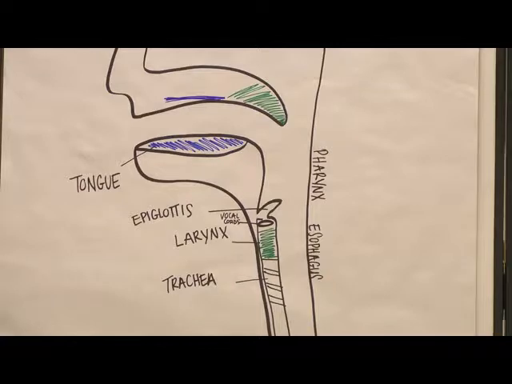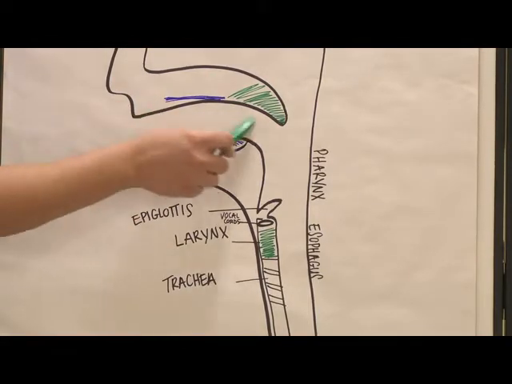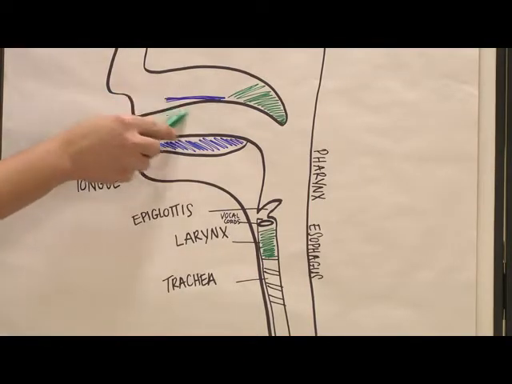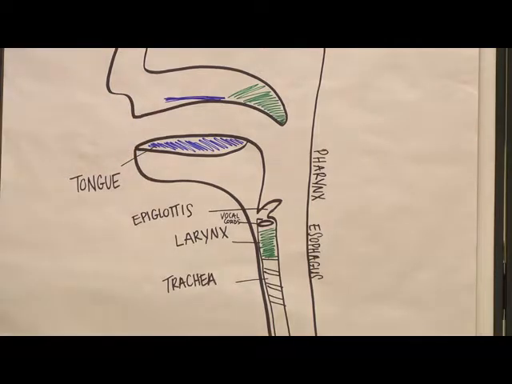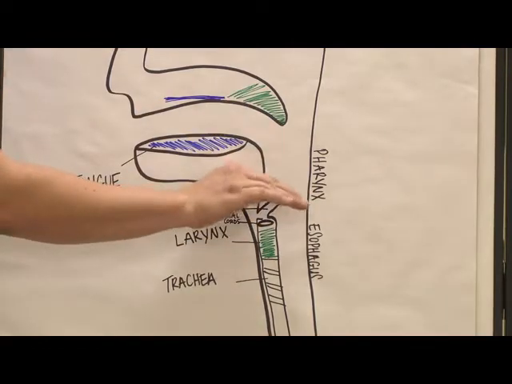Okay, so let's review. We have soft, flexible parts, which are your tongue, your soft palate. That's very flexible, and it's continuous with your hard palate, which is rigid. That's the bony part. The epiglottis is made largely of cartilage, but it can flap up and it can flap down.